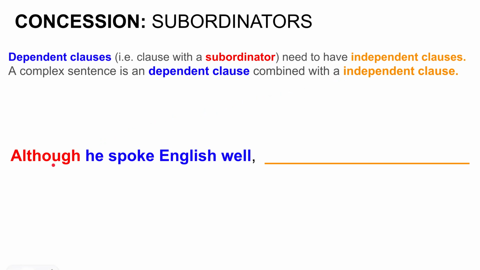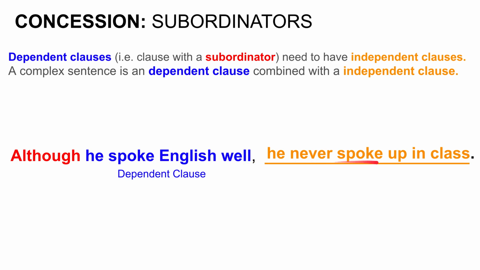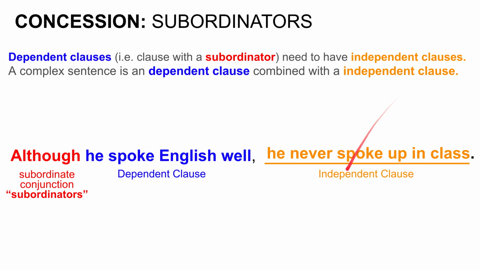So, for example, although he spoke English well, my dependent clause, comma, he never spoke up in class. Although is a subordinating conjunction. It's a subordinator. Once you add although to a sentence, it is no longer a sentence. It is a dependent clause, and it needs an independent clause. And all of this is a complex sentence.